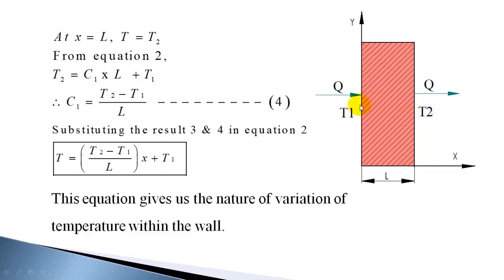Temperature difference should exist for the heat to flow. So if heat flows in the forward direction, temperature T2 should be less than T1, and the temperature drop is like this linear straight line variation. And using this equation you can find out the temperature at any interior point by substituting the distance from the left end of the slab.